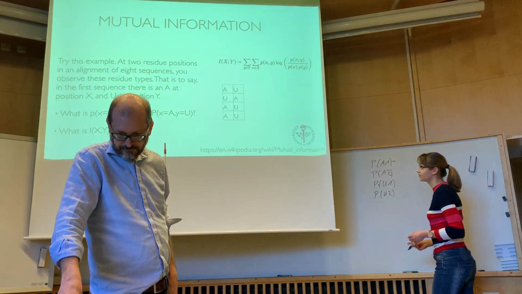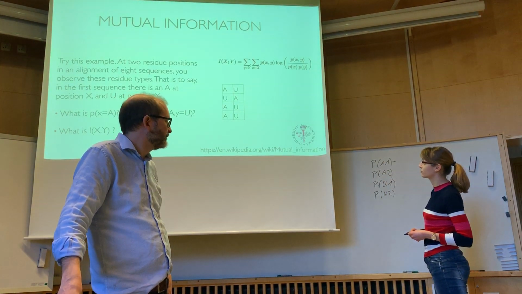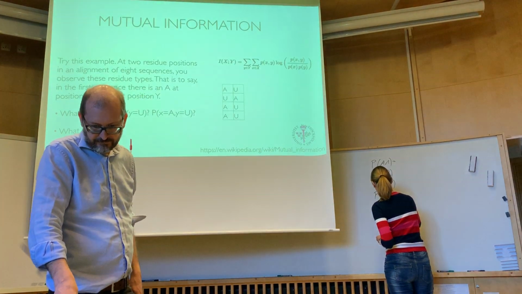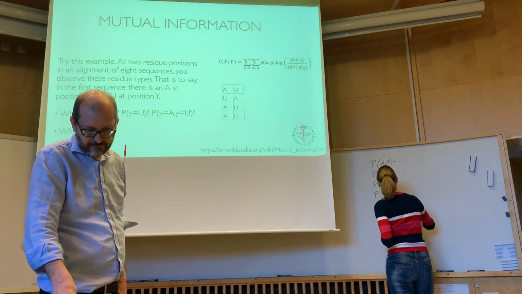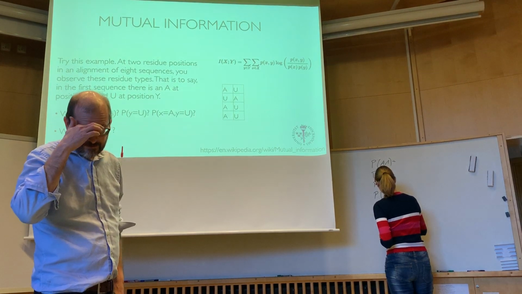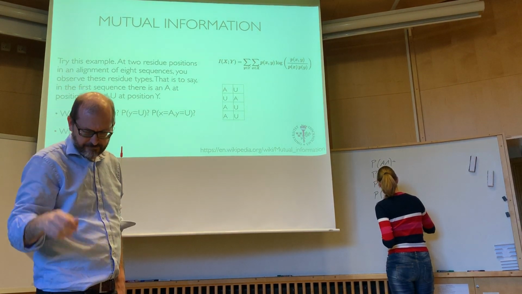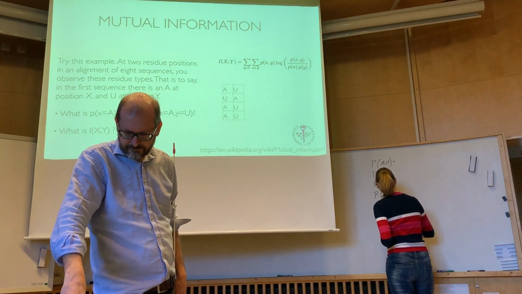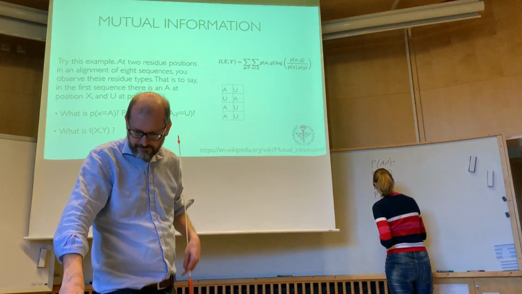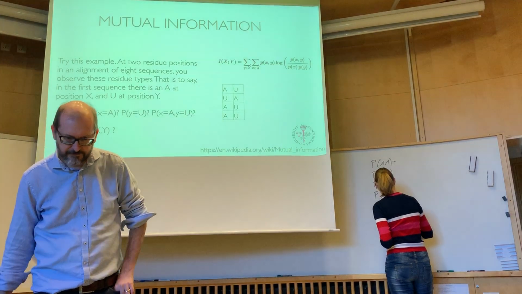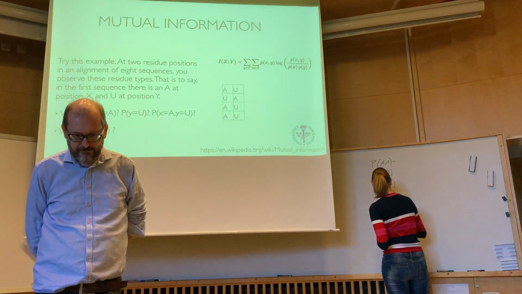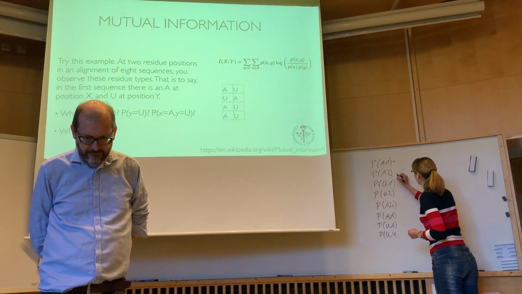And then the joint probabilities for each combination. So AU, AA, UA, and UU.